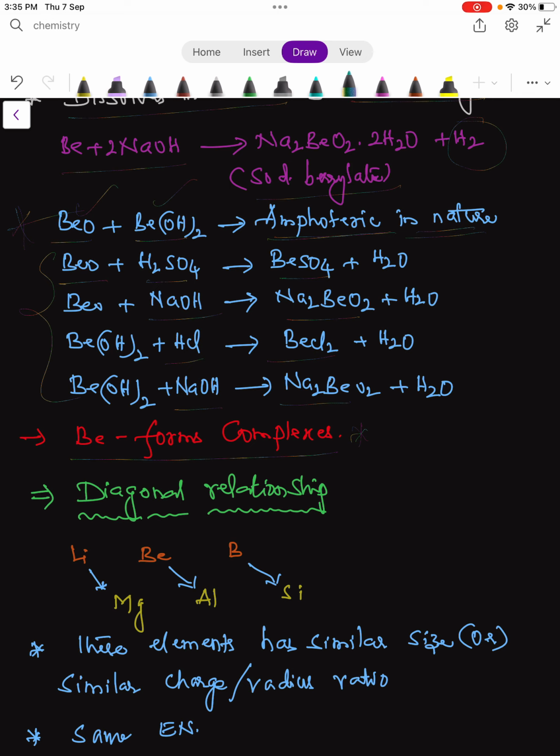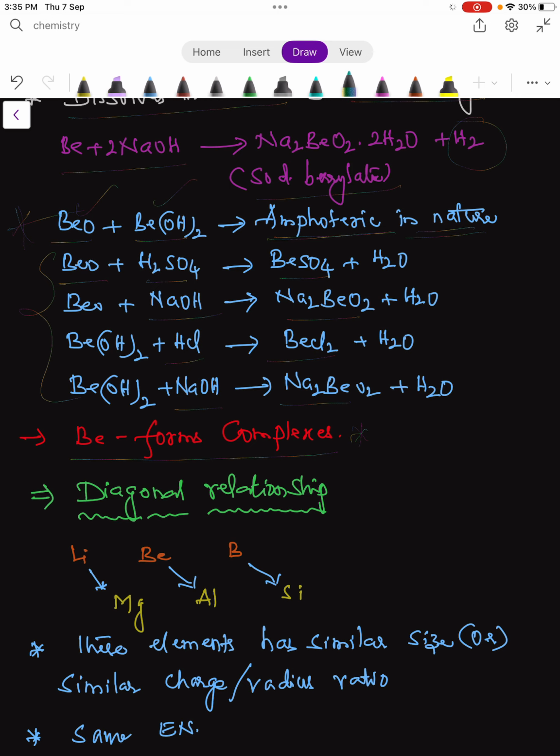It can easily form complexes. At the same time, what is another property? An empty orbital should be present in it, right? And after that, one more is what? Charge also we can consider, right? So these are the very important factors for complex formation.